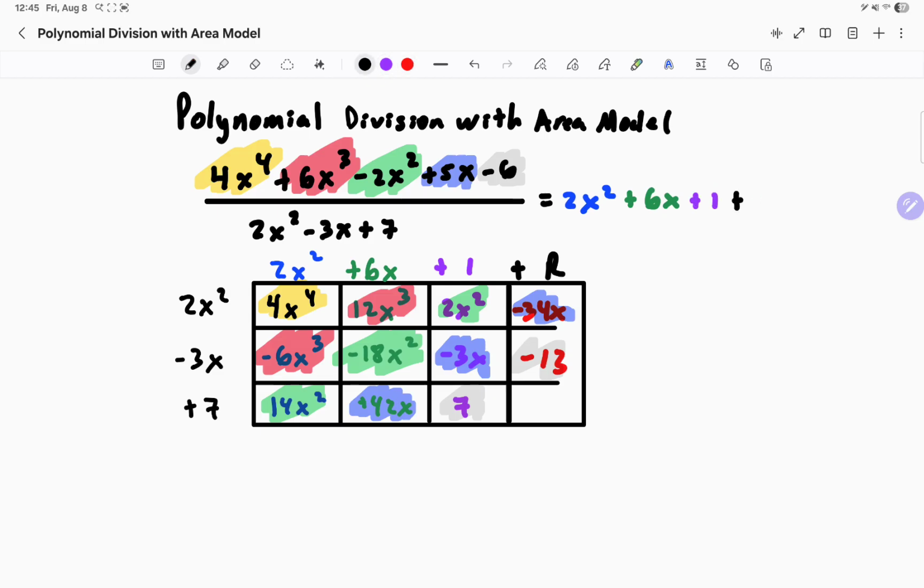In our remainder, you'll notice that we need a negative 34x and we need a negative 13. And since that's our remainder, we'll divide that over the 2x squared minus 3x plus 7. And there we have our polynomial division with area model.